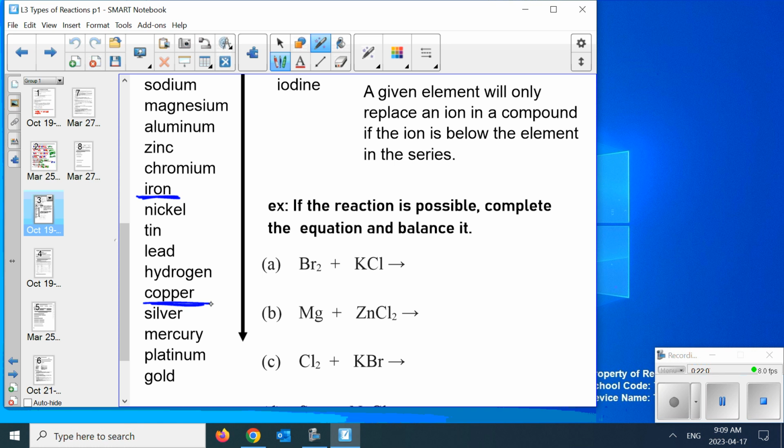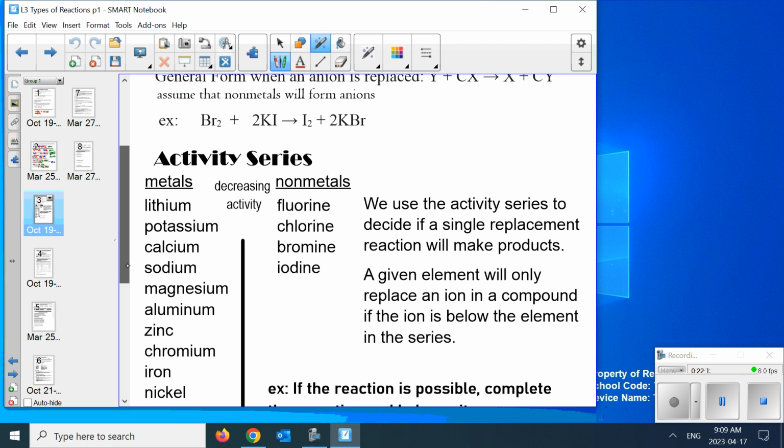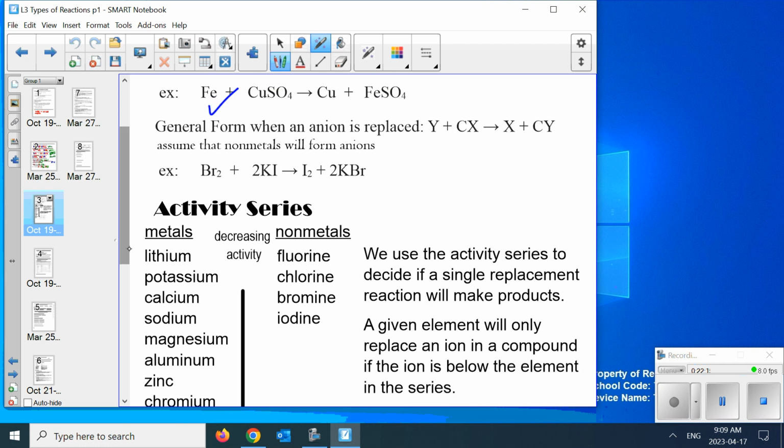It will replace it. You see that? That's why that one goes through. It's the other way around here. Likewise, with the non-metals, bromine is higher up than iron. That's why it replaces it. If it's the other way around, it won't happen.